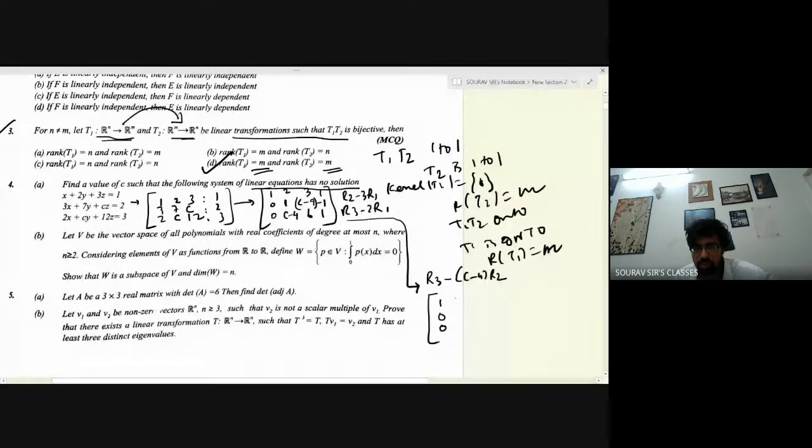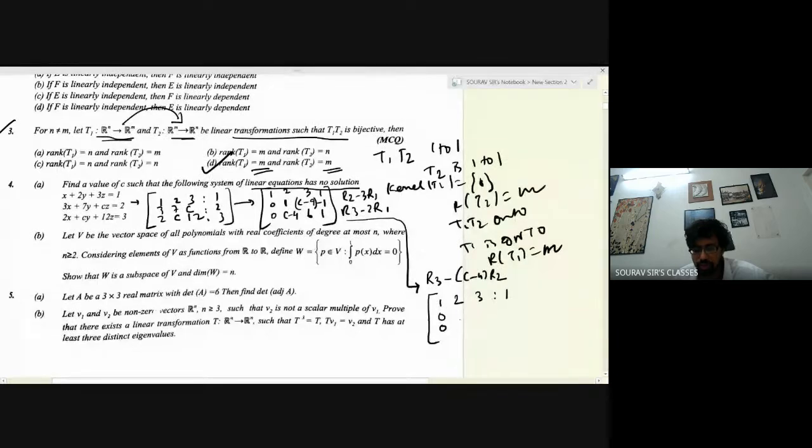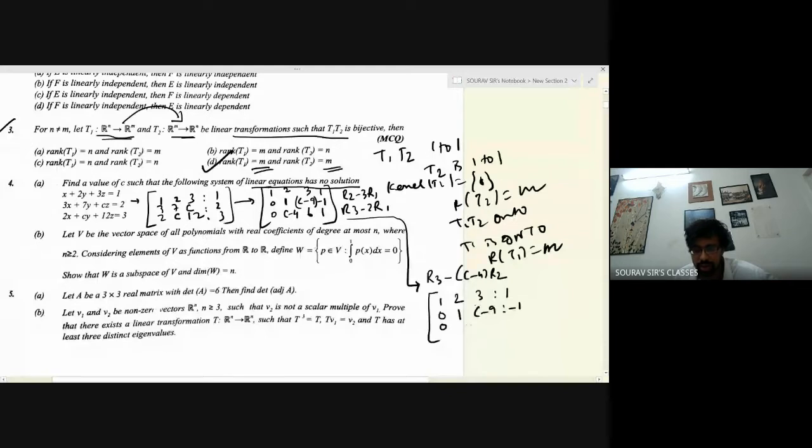So this is 2, 3, 1. This is 1, C minus 9 and minus 1. And here in this case, this will be C minus 4 minus this. No, sorry, this is 0. This is 0. This is 0. And this is minus C minus 4 into C minus 9.